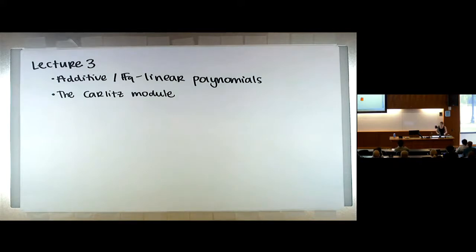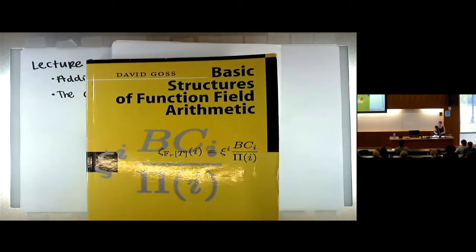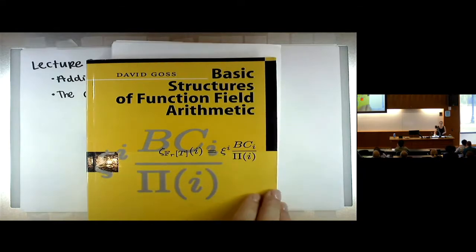Okay, but today I will start with additive and FQ linear polynomials, which are the last kind of machinery thing we need before we can finally talk about modules. And the reference that I've been using for this, there's terrible glare, is Basic Structures of Function Field Arithmetic by David Goss. It is not the fun stroll in the park that Gouveia is.